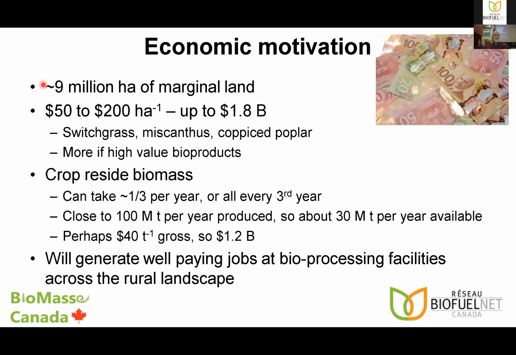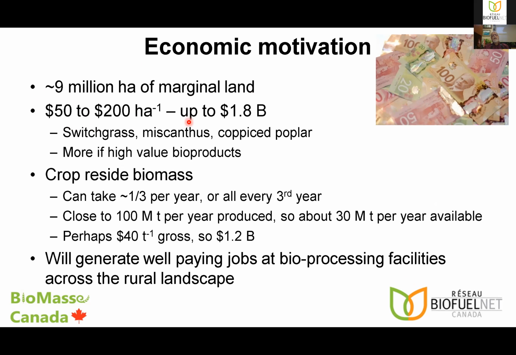There are something on the order of 9 million hectares of marginal land, and you can get into a big discussion about what exactly constitutes marginal land. But I think this is a generally agreed upon number, though you can get into some long discussions about it. If we're going to produce biomass, you get somewhere between $50 and $200 per hectare from this.